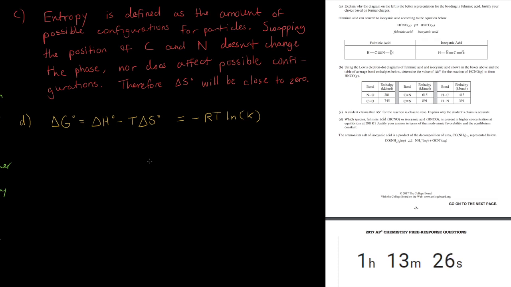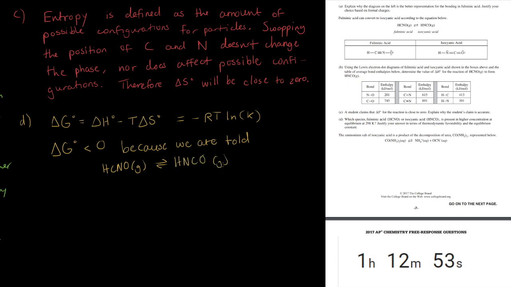Okay, so I guess it's telling us actually that fulminic acid can convert to isocyanic acid. So we could say that, I'm not going to write clearly because I'm not exactly sure, but we can say that this here is less than 0, which means it's favorable, because we are told that HCNO gas here, this conversion does happen.